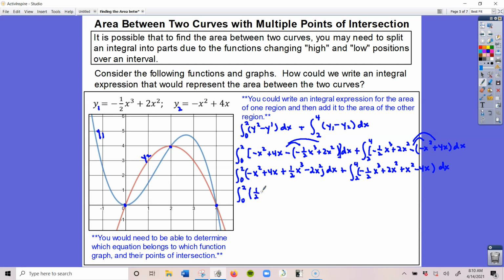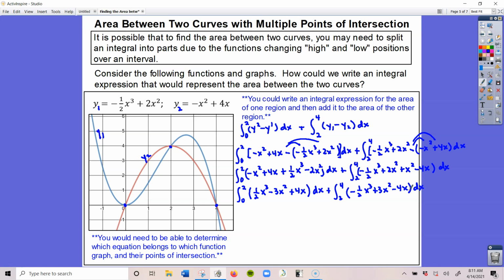So 1/2 x to the third minus 3x squared plus 4x dx, plus the integral from 2 to 4 of negative 1/2 x to the third, and I can combine these x squared, so it'll be plus 3x squared minus 4x dx.